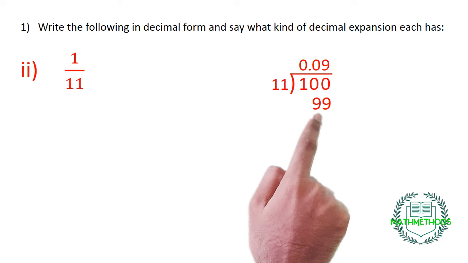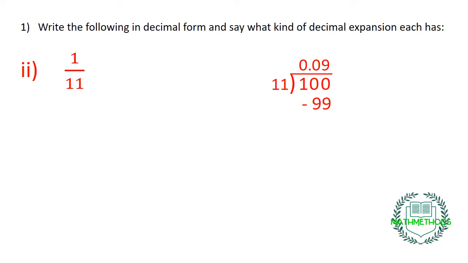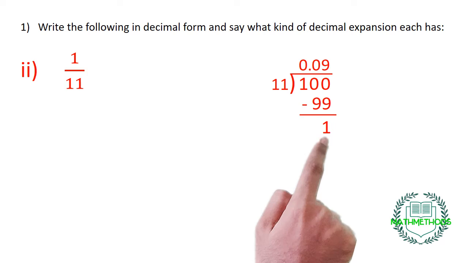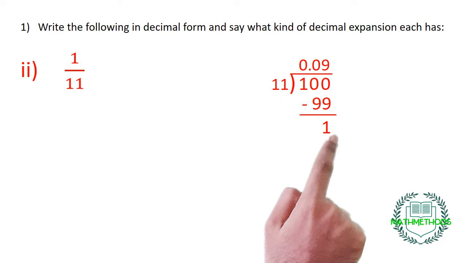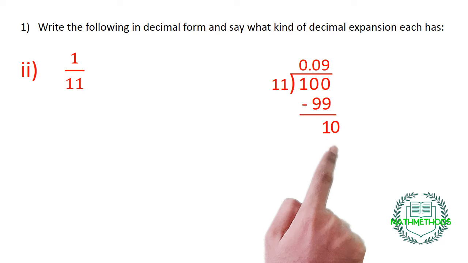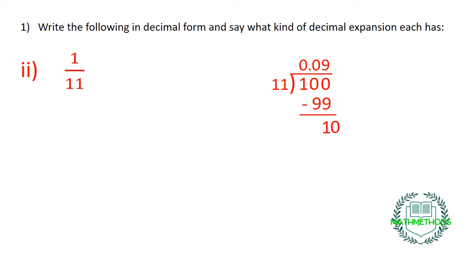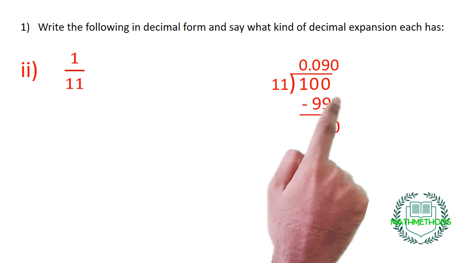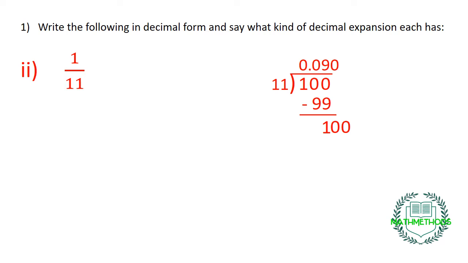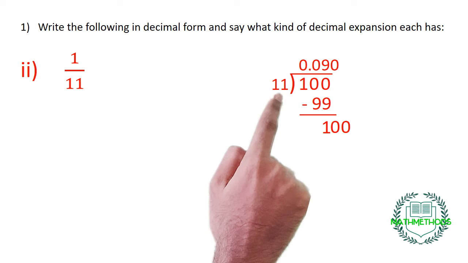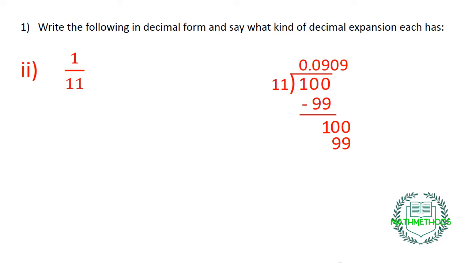11 nines are 99. 100 minus 99 equals 1. Since 1 is smaller than 11, again we need to add a 0, and now we have 10 in the remainder. Even 10 is smaller than the divisor 11. So for an extra 0, add a 0 in the quotient and add a 0 in the remainder. Again we can divide as 11 nines are 99. 100 minus 99, we get 1 as the remainder.